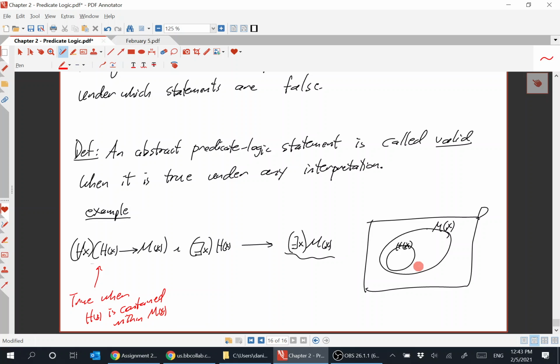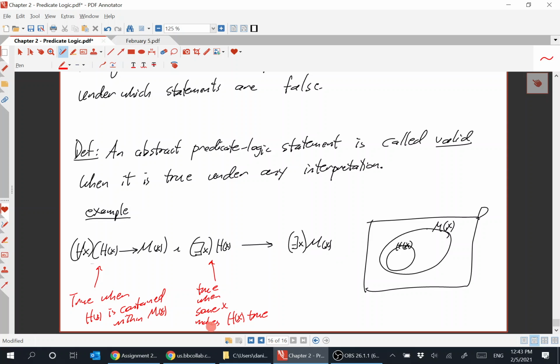Like we have in this picture here. This is true when something satisfies H, when some X makes H of X true.